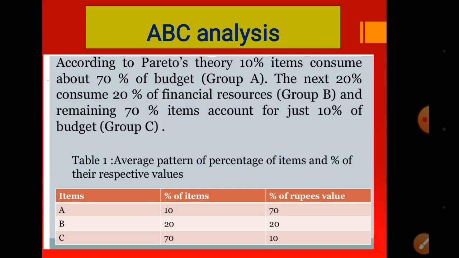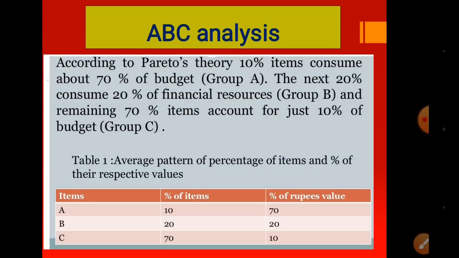Here we can see in table 1 the average pattern of percentage of items and percentage of their respective values. There are 3 columns. At first there is items, next there is percentage of items, and next there is percentage of rupee value. In items there are A, B, C, 3 rows.